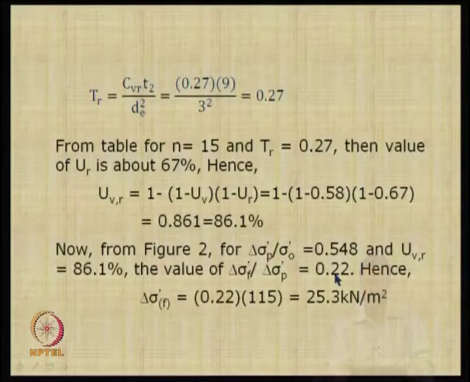In the previous case it was much higher; here it is only the preload. You can see that 115 is the additional stress load, so you will get about 25 kPa. It is much less; you got about 287 kPa roughly, if you remember. 287 is the number required, but because of the sand drains of this particular size and diameter, it got reduced to 25.3 kN per meter square, which is a big difference.